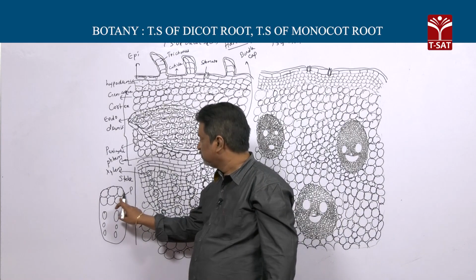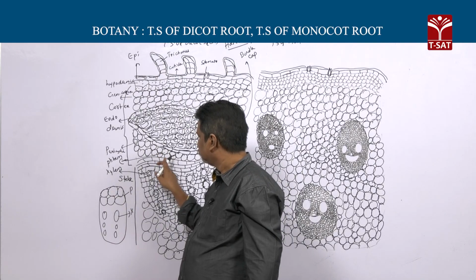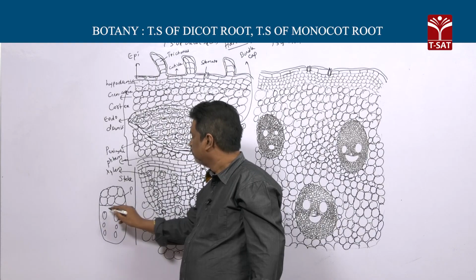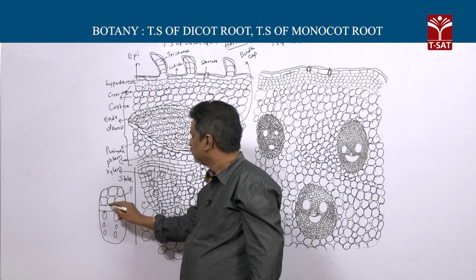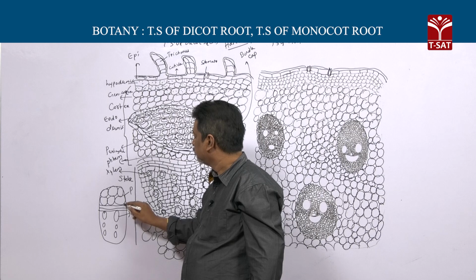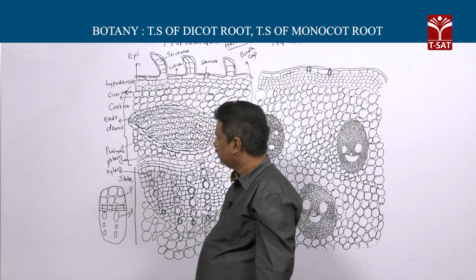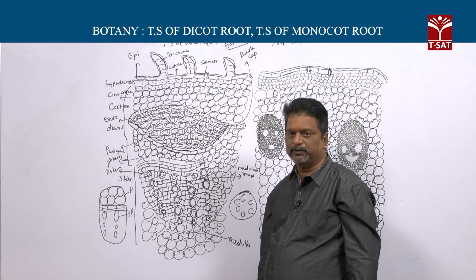Generally, these vascular bundles are joined, called conjoint. But between xylem and phloem there is cambium, so it is called open type.